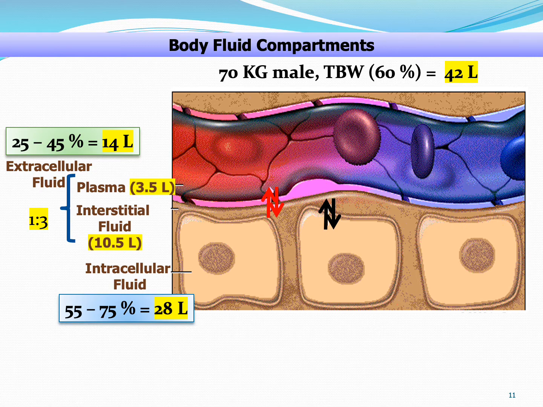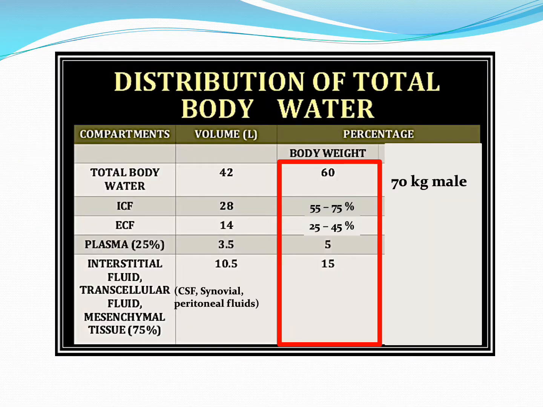If we break down the ECF volumes, the plasma will be around 3.5 liters and the interstitial fluid will be 10.5 liters, which are in the ratio of 1:3. This slide summarizes all the volume calculations as we did in the previous slide for a 70 kilogram male.